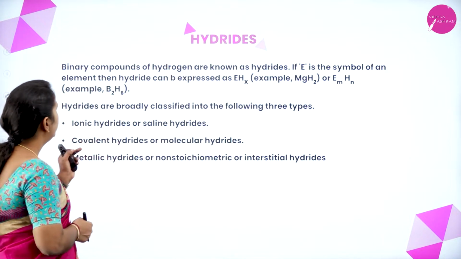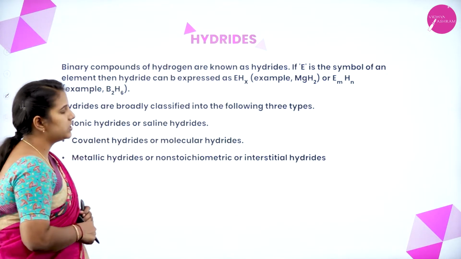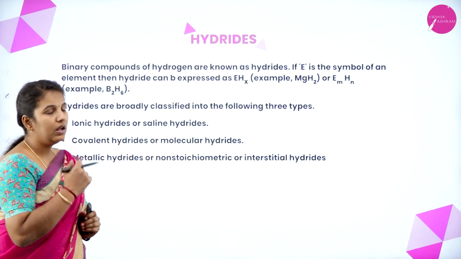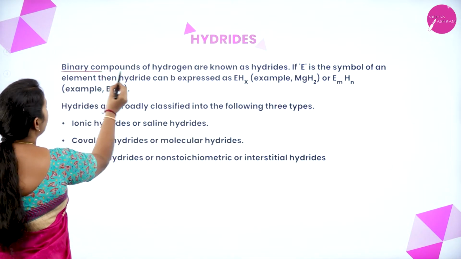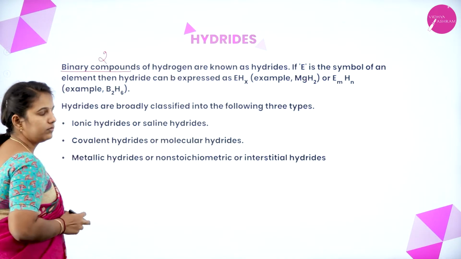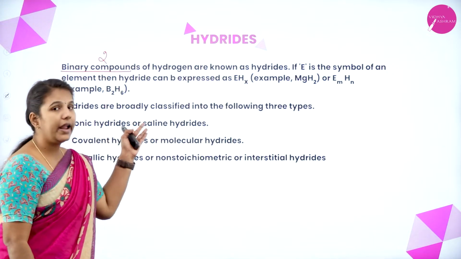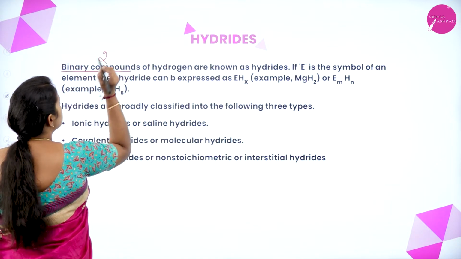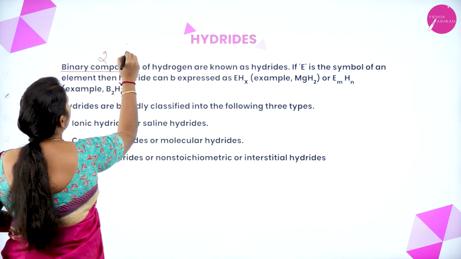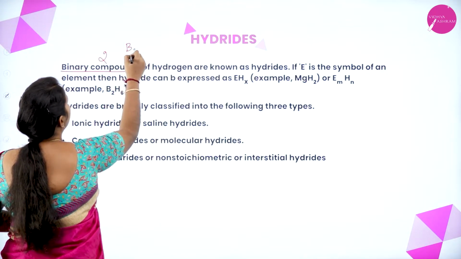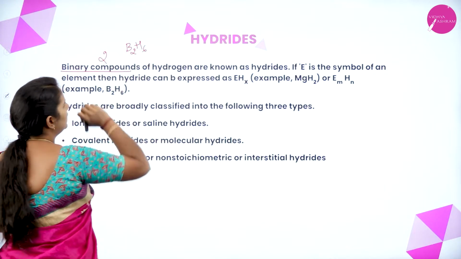The binary compounds of hydrogen are known as hydrides. What does binary indicate? Binary means 2. The binary compounds of hydrogen, for example, B2H6.